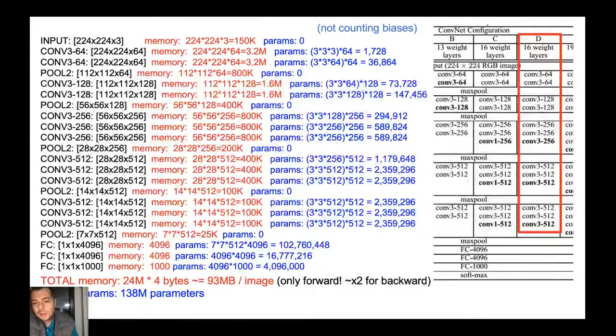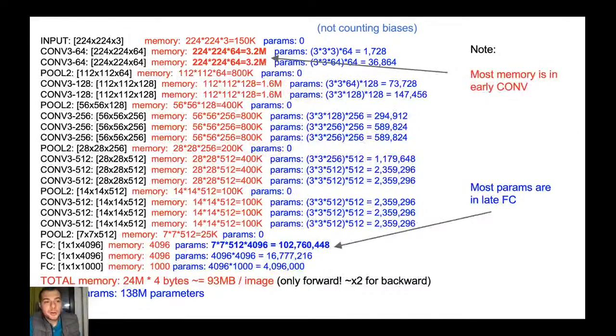So in order to process one image, you need about 100 megabytes of memory for the forward pass and around 200 megabytes for the backward pass. And the total number of parameters in this network is 140 million. So it has a lot of parameters that require optimization. So it's a very large neural network with millions of parameters.